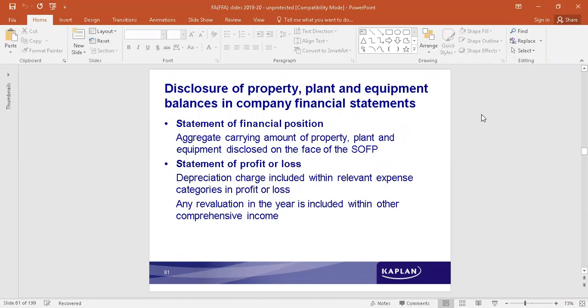The definition of accounting says that it's an art of recording, classifying, summarizing transactions that are measurable in terms of money. So only the financial terms appear in the books of accounts with respect to property, plant and equipment.